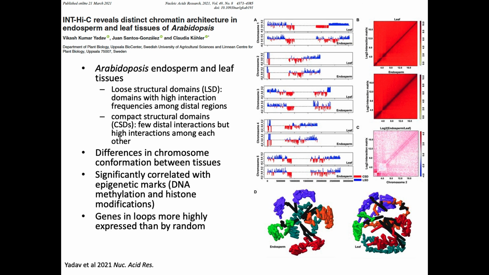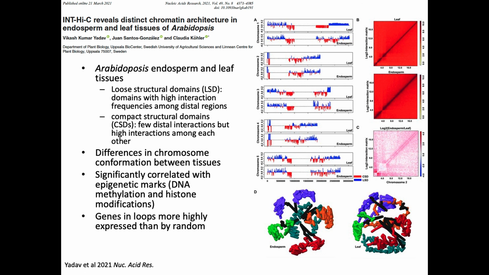And over here you can kind of see you have these structural domains which have a lot of Hi-C data compressed into those regions, versus these loose structural domains which allow for more open chromatin, more access, perhaps more expression.